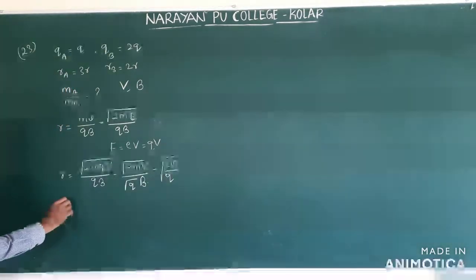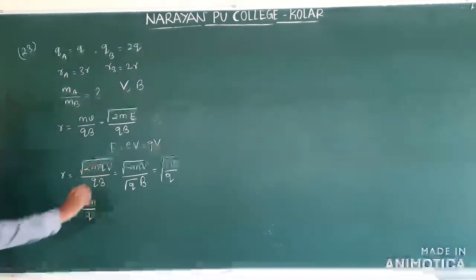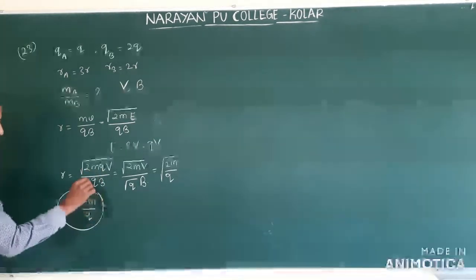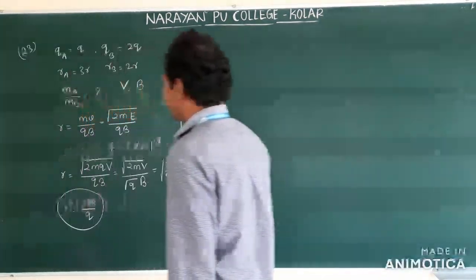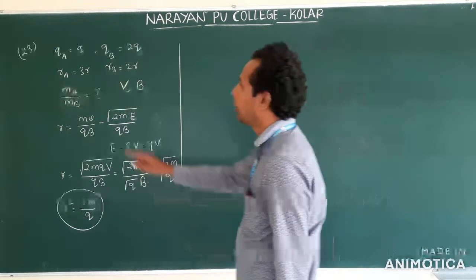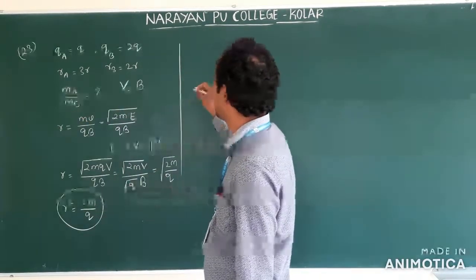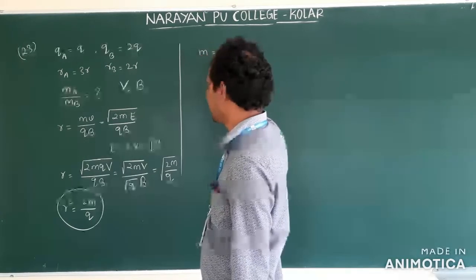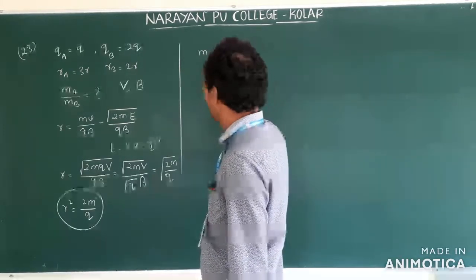So we can write r square is proportional to 2m by q. We will follow this formula and using this we will find the answer. What did they ask? Mass ratio. From this, if you make mass the subject, m is equal to r square q by 2.